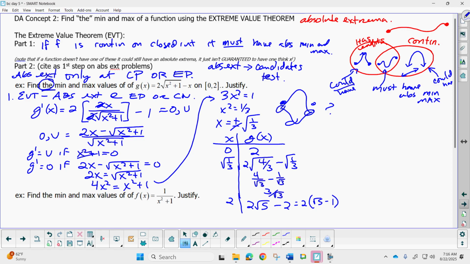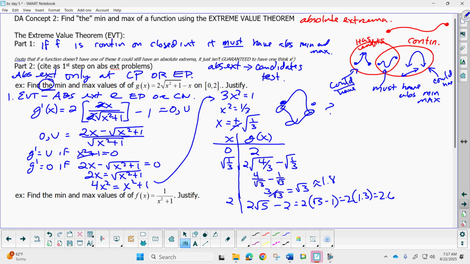So isn't this just root 3? Am I wrong in thinking this is root 3? You probably are already picking up your calculator because you're a weasel, but I'm thinking this is like 1.8-ish, if I recall. This is 2 point, maybe something-ish, 2.3, 2.2, so this is 2 times 1.3, it's maybe 2.6-ish. So I'm feeling that's greater.